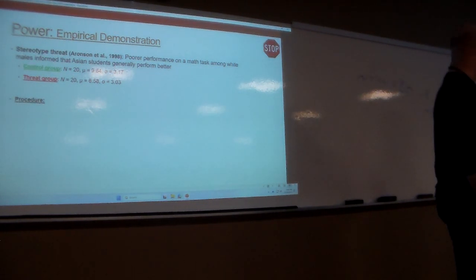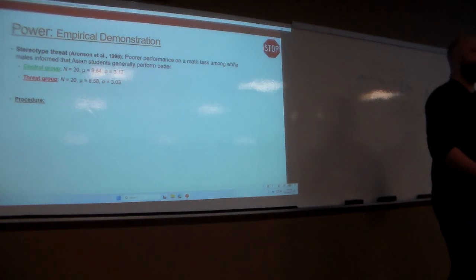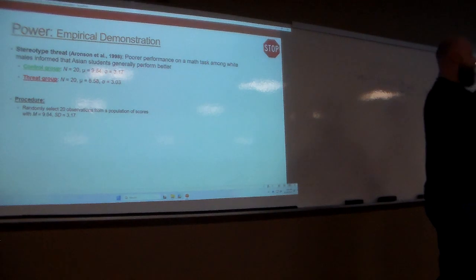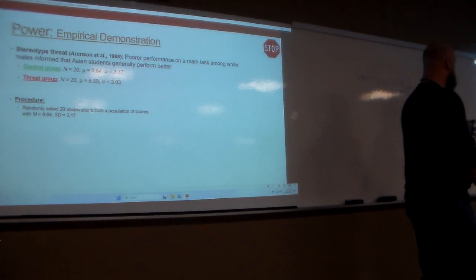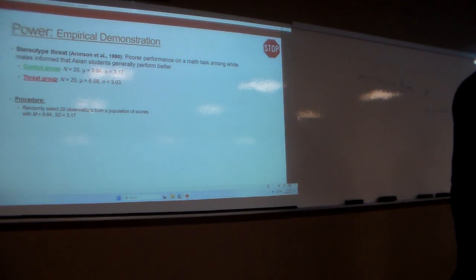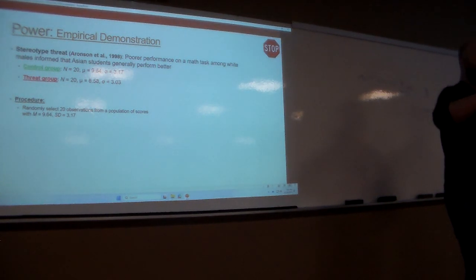So if I were to calculate power, and I wanted to say, how do I determine the power of this experiment here? What I would do is first say, I've got a population of scores, a bigger population. This represents my control group, right? And the population mean is 9.6, the standard deviation 3.2, okay? In the population, hypothetically.